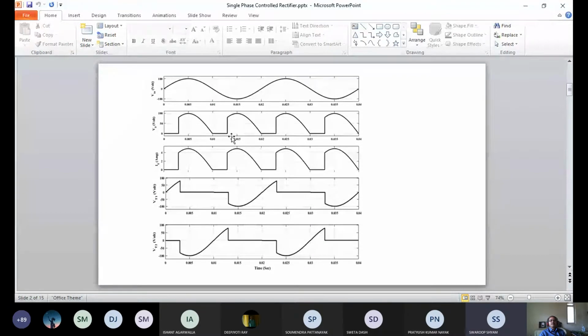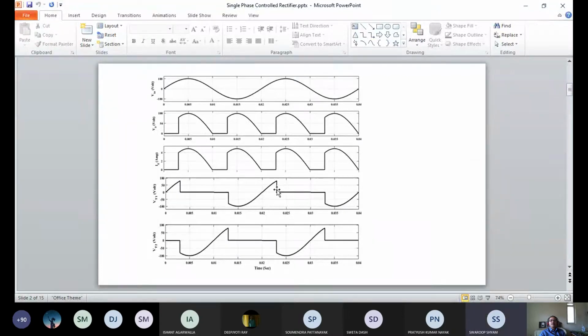Sir, see the fourth curve, the fourth graph, VT1, voltage across thyristor 1. Where is the voltage drop? In the second half there should be no voltage drop, but there is a negative voltage drop.